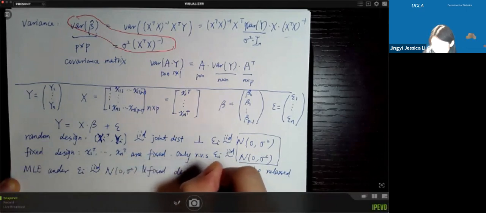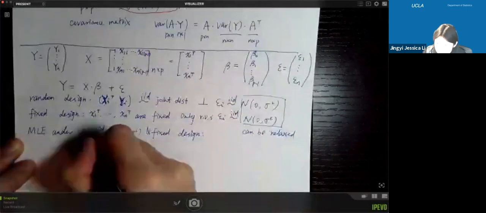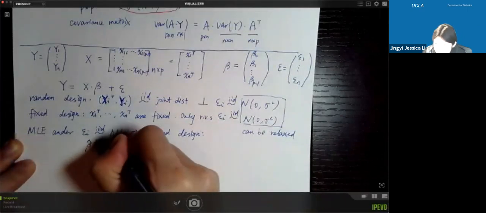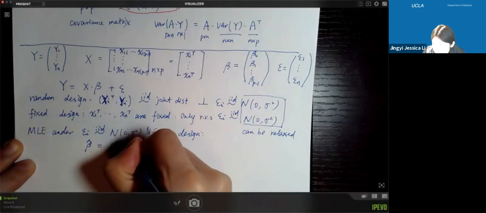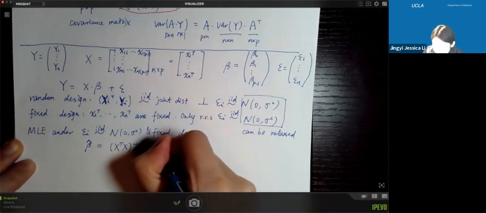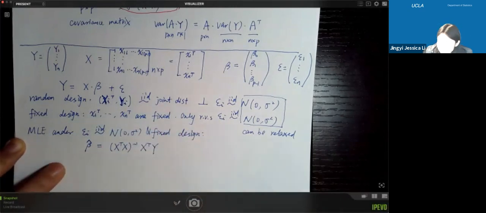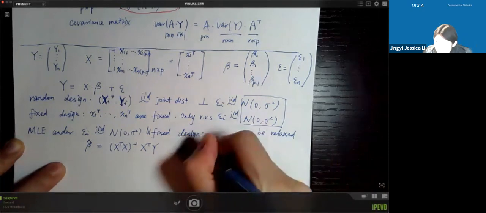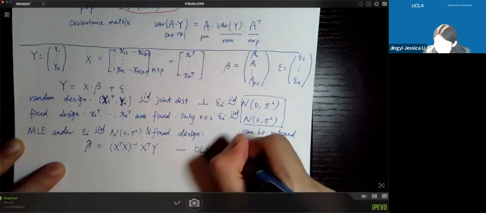That's what we did last time. It gives us this: beta hat is X transpose X inverse X transpose Y. That's what we derived last time, and we said that this is what we call the ordinary least squares estimator.